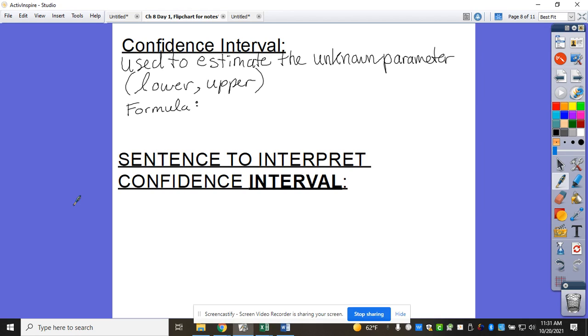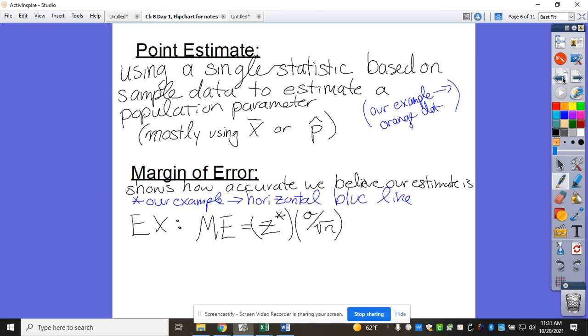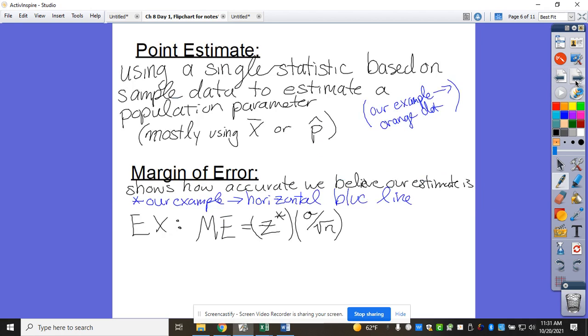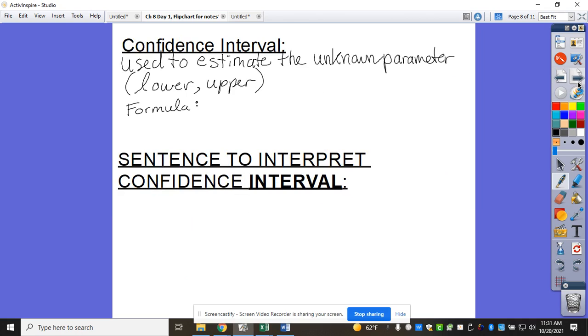So let's think through how I can get my green dots in any scenario. What's the first thing I need to know to be able to get my green dot? My orange dot. What is my orange dot in general? Point estimate. In our case, it was x bar, but it could have been p hat. So I start with my point estimate.